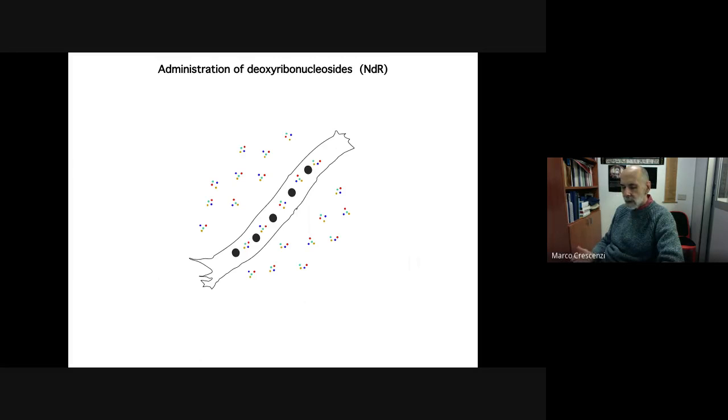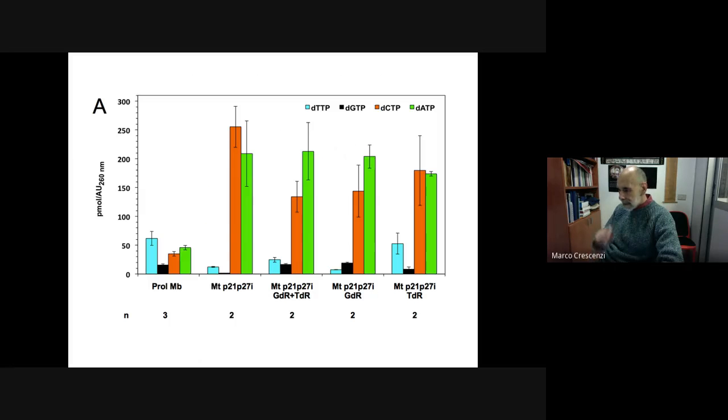That's why we use nucleosides. But they are rapidly converted into nucleotides in the cell by simple kinase activities. So that's a perfect way to replace the nucleotides. And what we found is that in proper conditions, we could reconstitute levels of TTP and GTP that were quite close to natural levels in myoblasts.